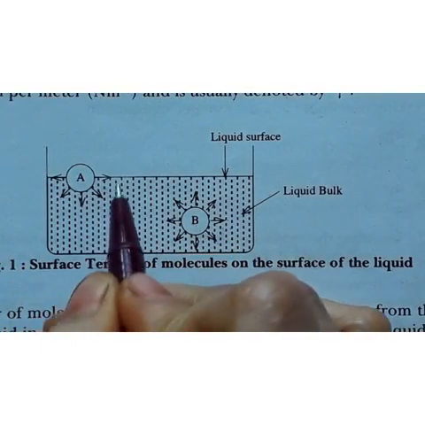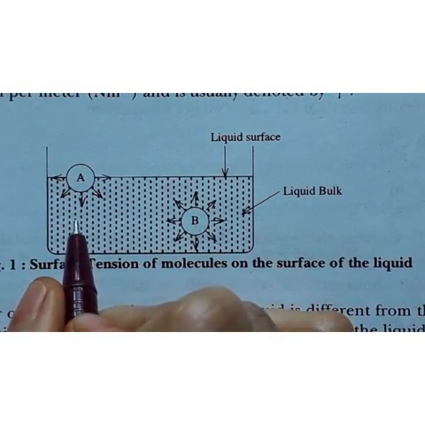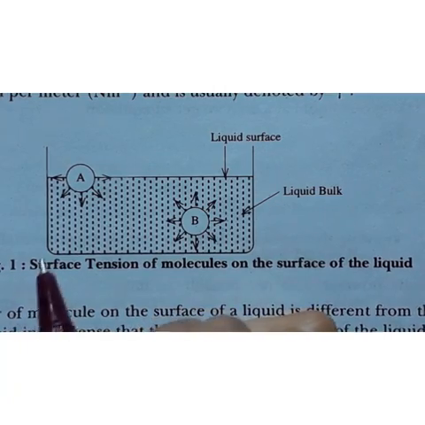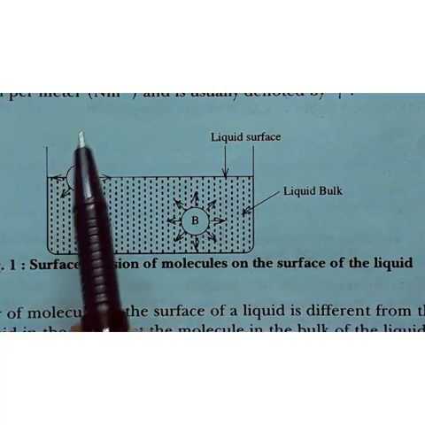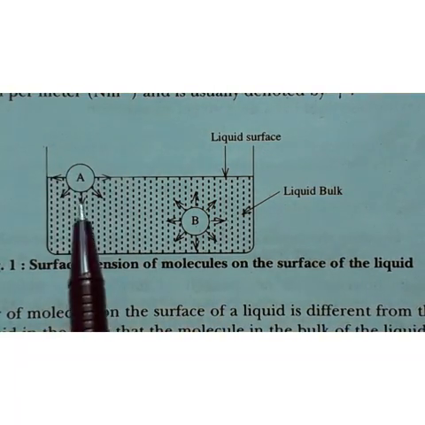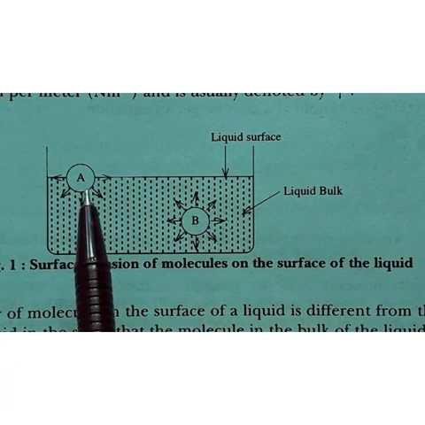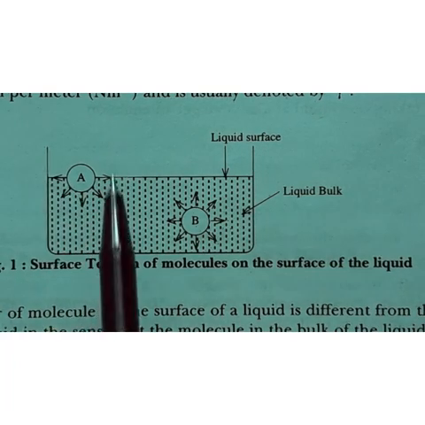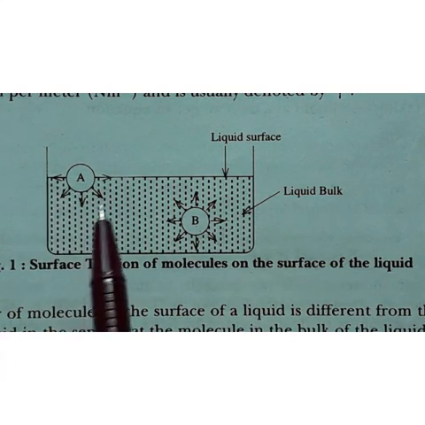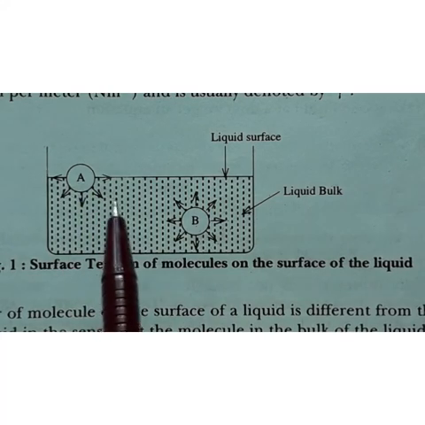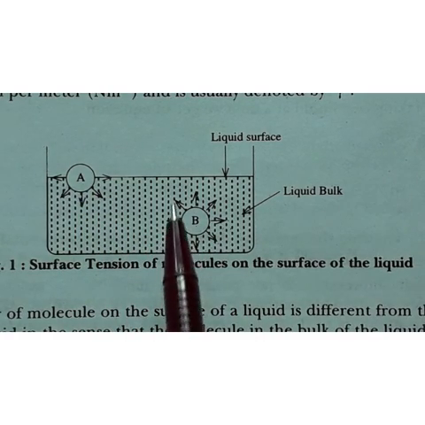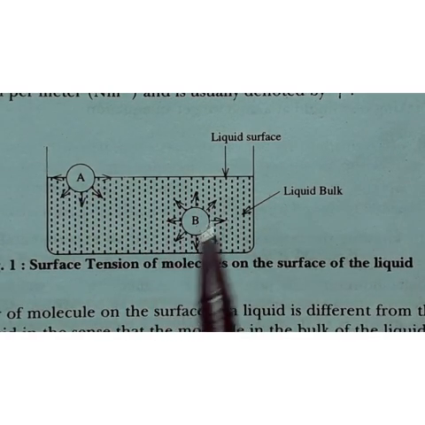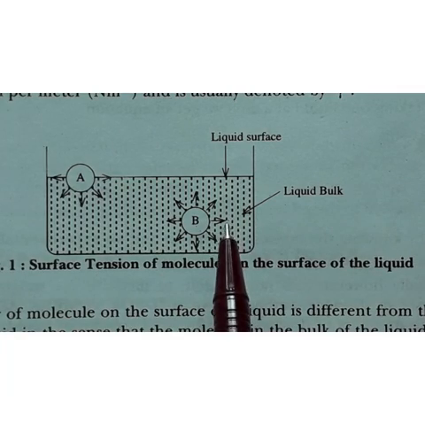The molecules below will pull it downward because of intermolecular forces of attraction. But from upside no molecules are there, as it is present at the surface. So in this case the intermolecular forces of attraction are not balanced. In B there is a balance: if it is pulled from above, it is pulled from below too.